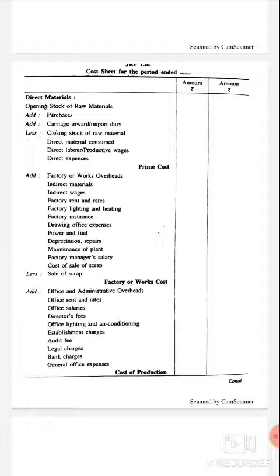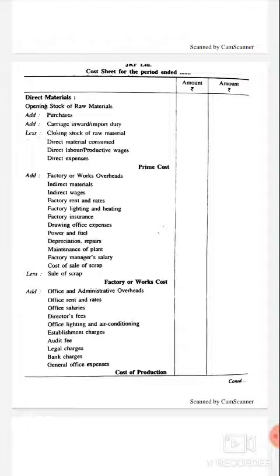Examples of factory overheads are indirect material, indirect wages, factory rent and rates, factory lighting and heating, factory insurance, drawing office expenses, power and fuel, depreciation and repair, maintenance of plant, factory manager's salary, cost of sale of scrap.